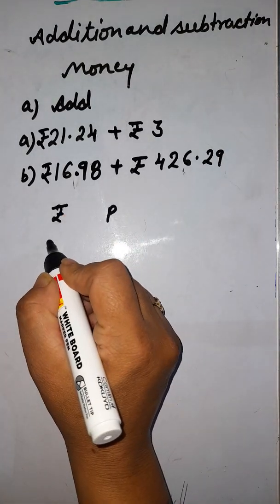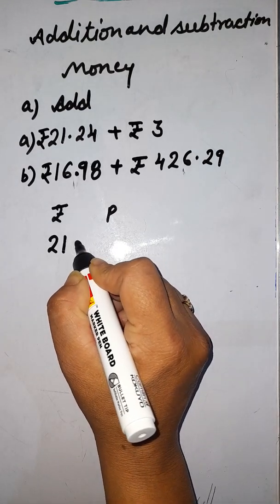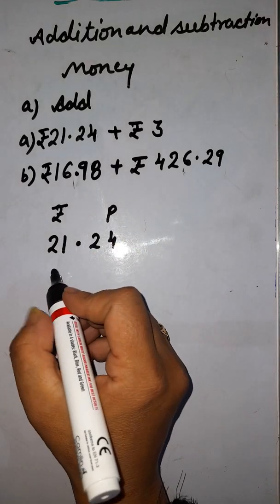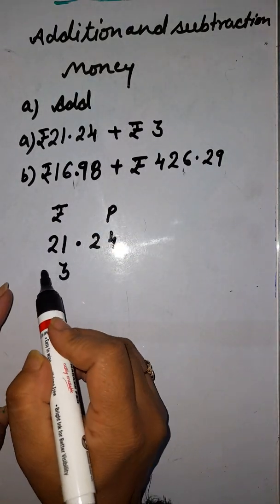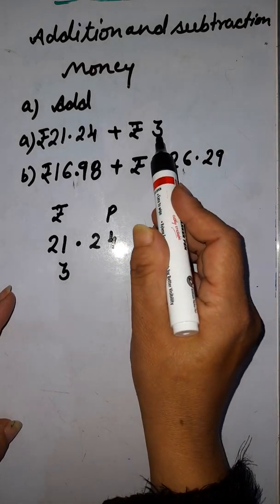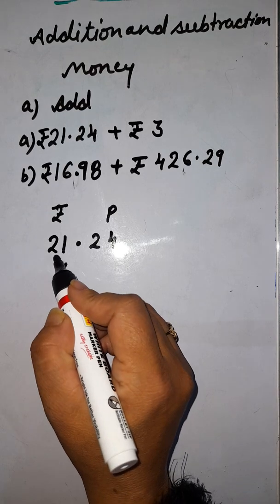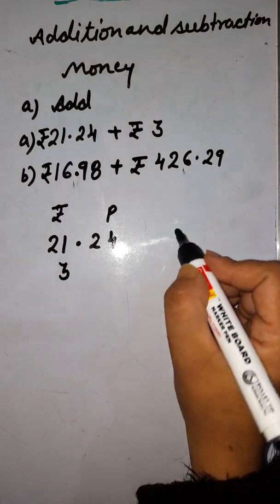In the rupees column we have 21 and paise 24. And here in the rupees column we have 3. We'll not write here 3 below 2, because 3 is in the ones column, and in rupees 21 the 1 is also in the ones column. Fine everyone, just look carefully.